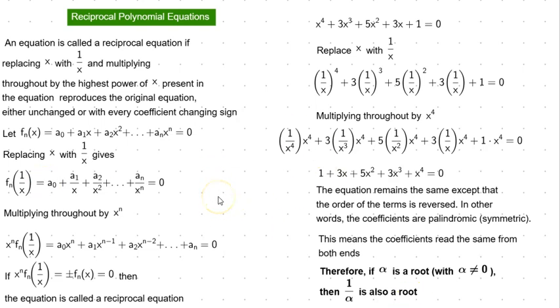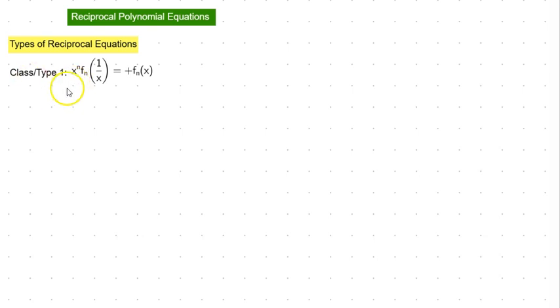Okay, now that we have understood what reciprocal polynomial equations are, let's look at types of reciprocal equations. Type 1 or class 1: when we apply the reciprocal transformation to a function and it gives back the original exactly, then it is a type 1 reciprocal equation. A class 1 reciprocal equation is one where a sub k, the coefficient of the kth term, is equal to the coefficient of the n minus kth term.